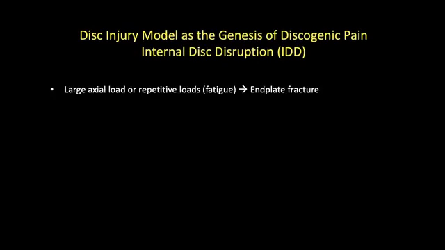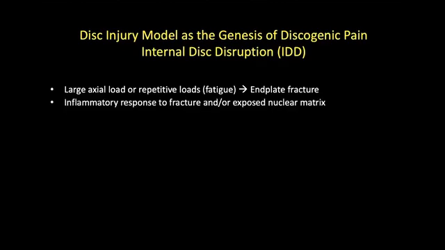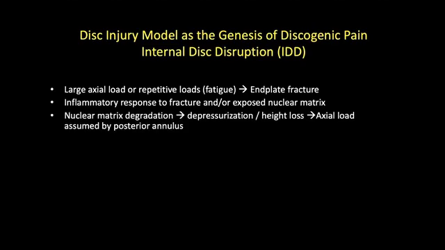So you have a large axial load or repetitive loads, causing fatigue and end plate fracture. There's an inflammatory response to the fracture and/or exposed nuclear matrix, which has a lot of inflammatory mediators. The nuclear matrix undergoes degradation where there's depressurization and height loss.